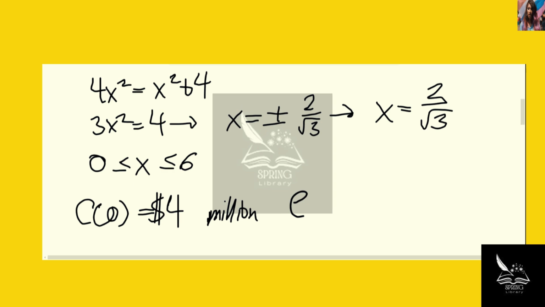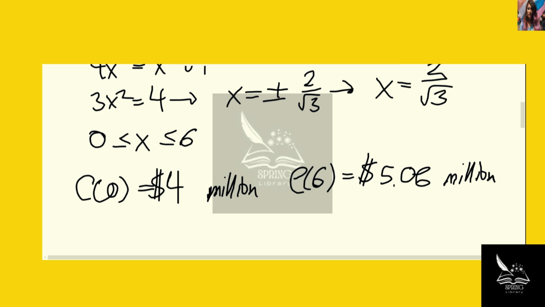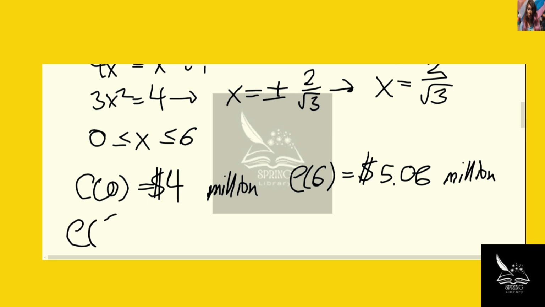C of 6, if you plug this into the equation, it's 5.06, and again, in millions of dollars. And C of 2 over root 3 is about equal to 3.79, also in millions of dollars.